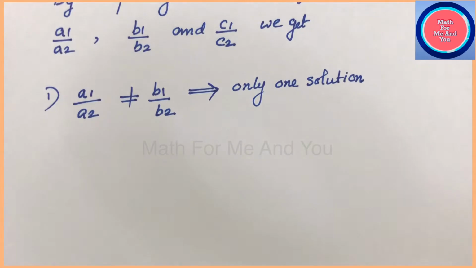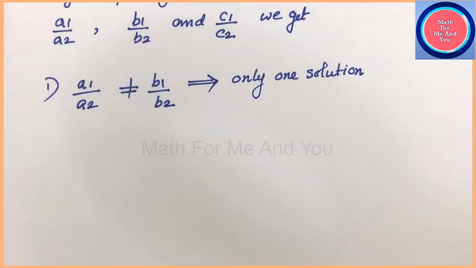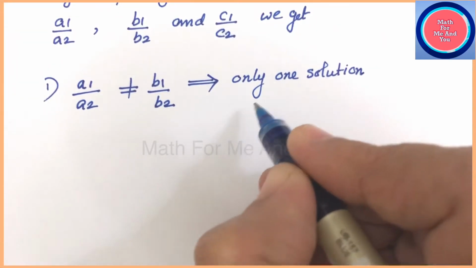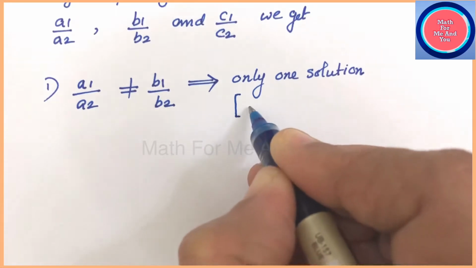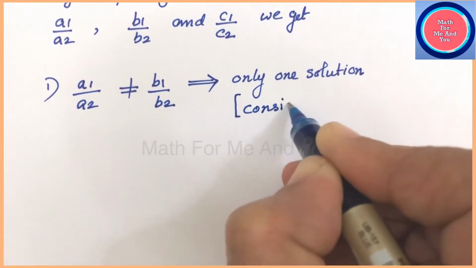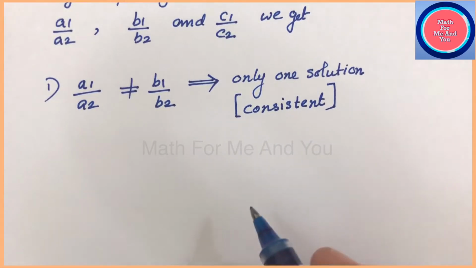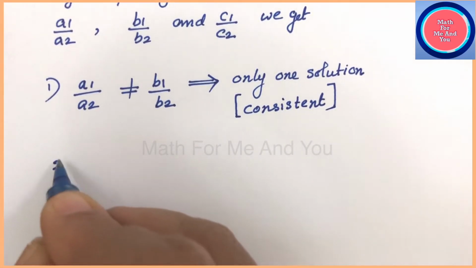That means if we draw the graph of these two lines, they will meet at exactly one point. And if there is one solution or more than one solution, the equations are consistent. So in this case, the equations are consistent.